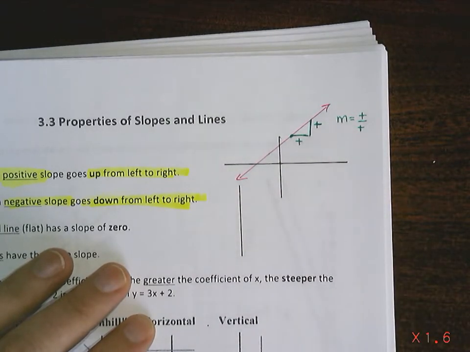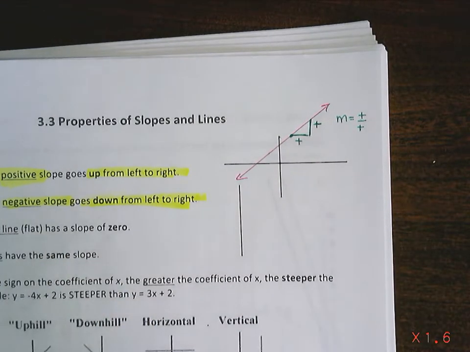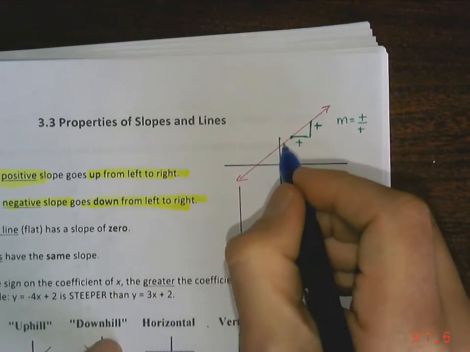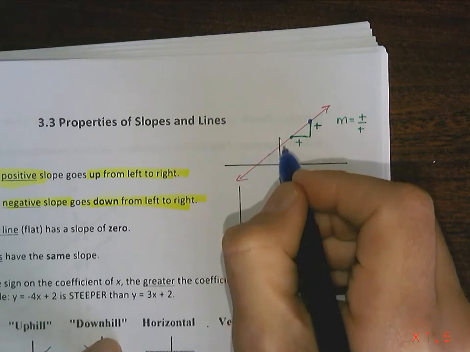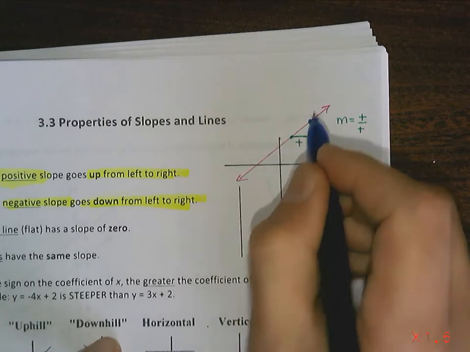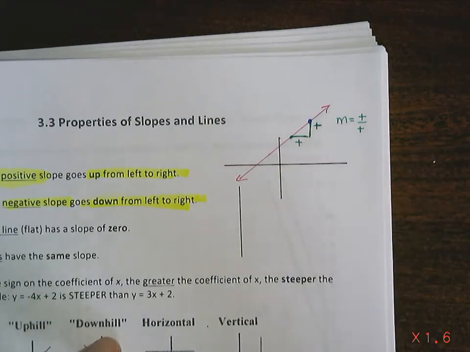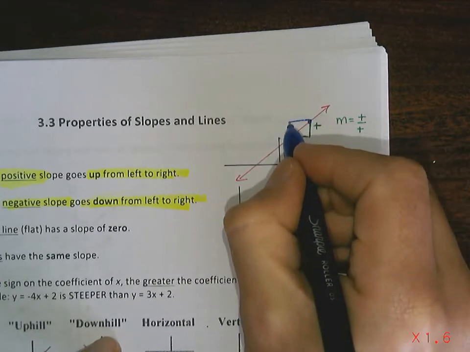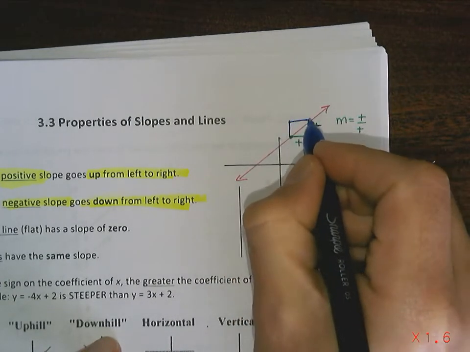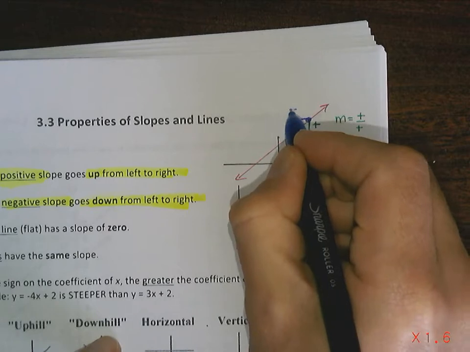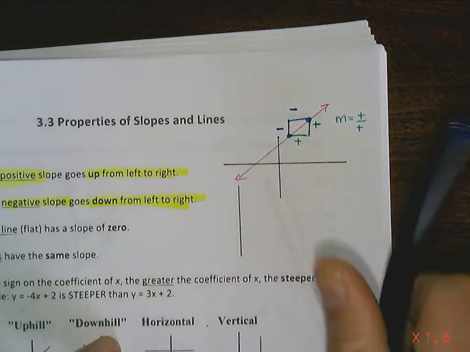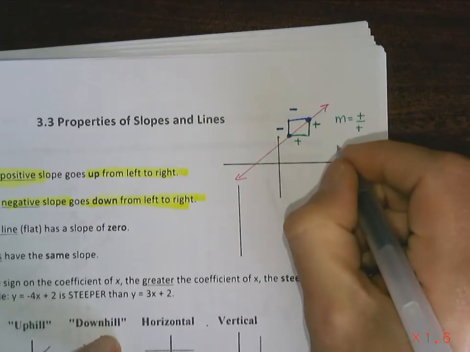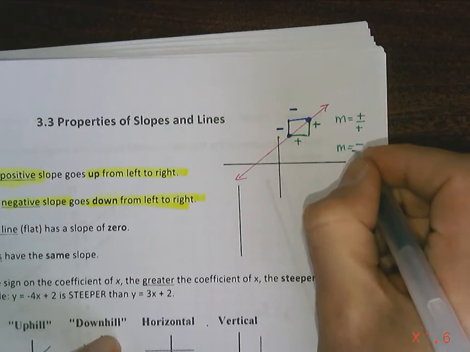Now, what I want you to understand is we could pick a point and we could choose to go this way and down. Notice I've always been going to the right and up or to the right and down. You could go to the left and down. So from this point to this point, that would be a negative run, and that would be a negative rise, which would give you a negative over a negative.